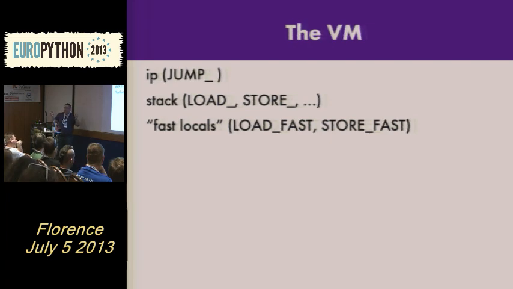It's literally a Python list, and it contains all the local variables and actually all of the parameters. Conceptually, parameters are really just local variables that are pre-initialized before the function is run with values that somebody else gave you. But they behave in every other way like a local variable. To access them, you call load fast and store fast to pull them in and push them onto the stack, or pull them off the stack and store them away. It's much faster than the other mechanisms.